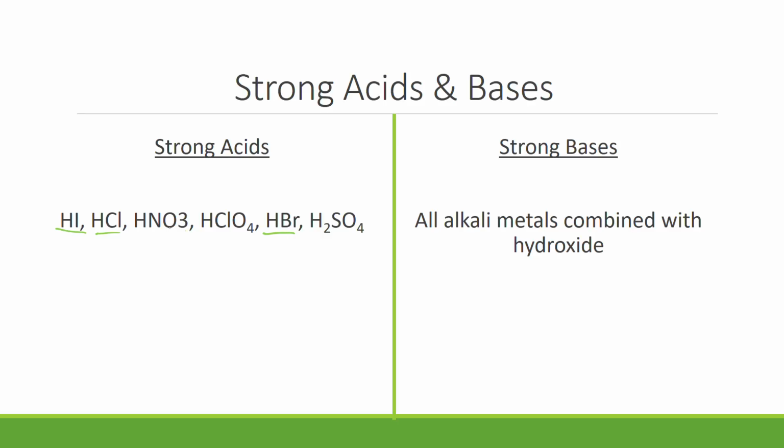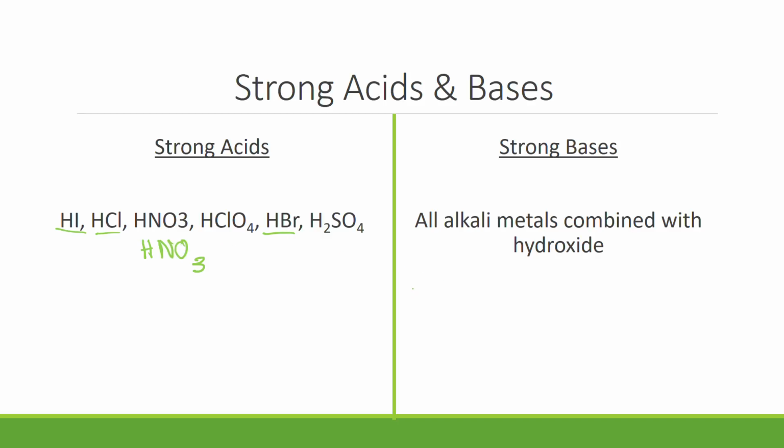So the strong acids are going to be hydriodic acid, hydrochloric acid, hydrobromic acid, and then some other ones you might just need to memorize are HNO3, nitric acid, perchloric acid, and also sulfuric acid. And then in terms of the strong bases, a strong base is all alkali metals that are combined with hydroxide.